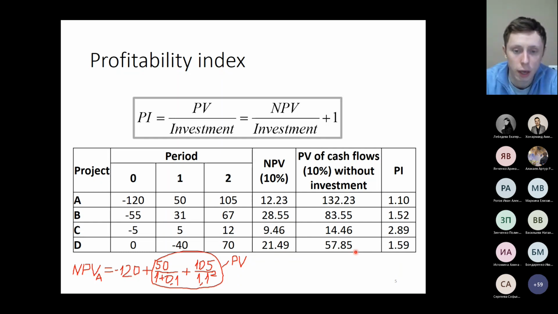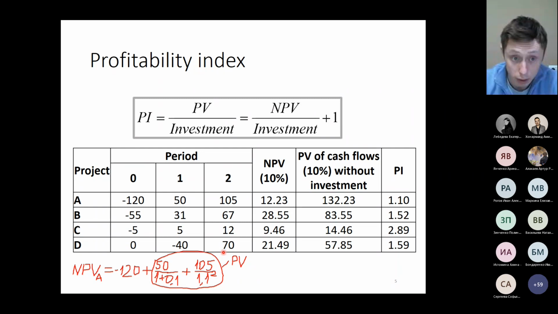Then after we estimated NPV or PV, investment for the case D would be minus 40 divided by 1.1. So this is a little bit less. The concept here would be the same. If we need to spend some money 1 year later, it means that we can at least put that money in the bank, and by the end of the year have more money available. That is why when we estimate their present value, we discount them as well.